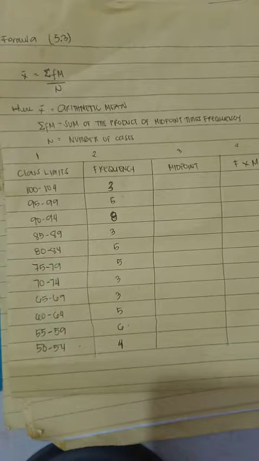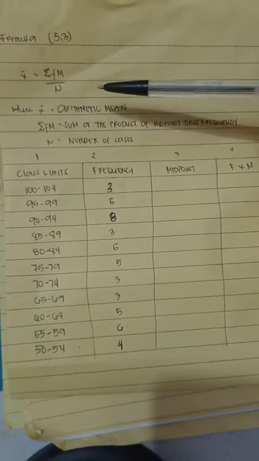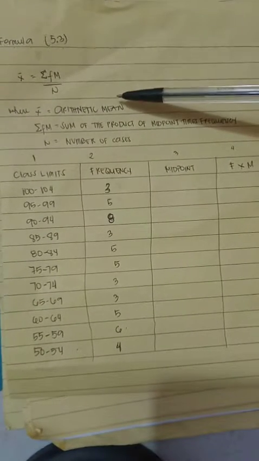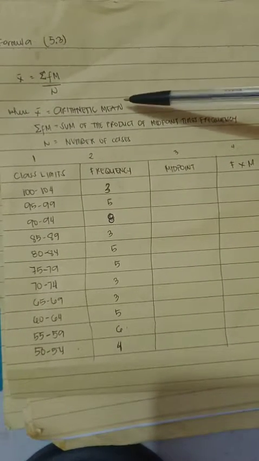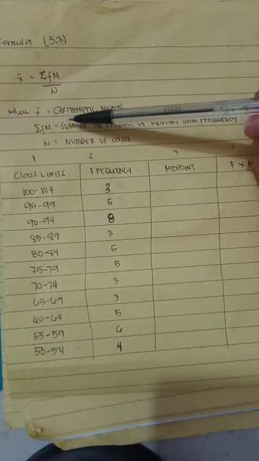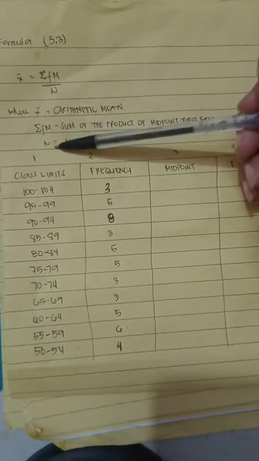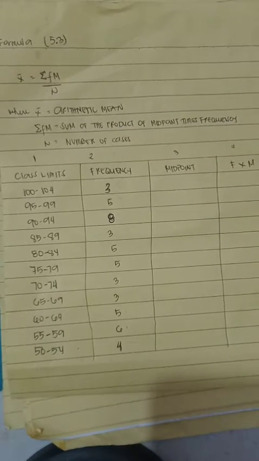Here is another example. I provided another data using the first method, which is the midpoint method. Again, this is the formula where x bar is equal to the arithmetic mean, the summation of frequency times midpoint is the sum of the product of midpoint times frequency, and n is the number of cases.